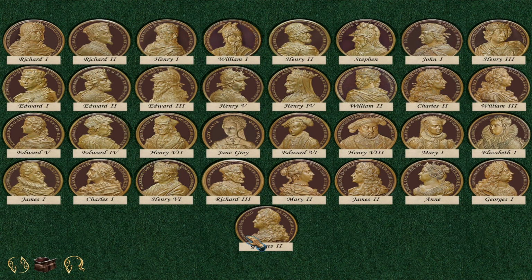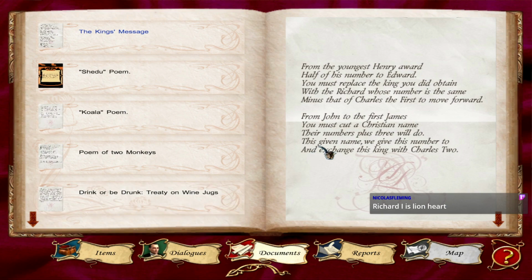So would it be here? Yeah, okay, Richard I is Lionheart. So we draw a line here. And what's the other one then? Assuming that this is correct, which I'm very dubious about. Let's go with that. This information does not seem the most reliable. By that I mean Wikipedia.